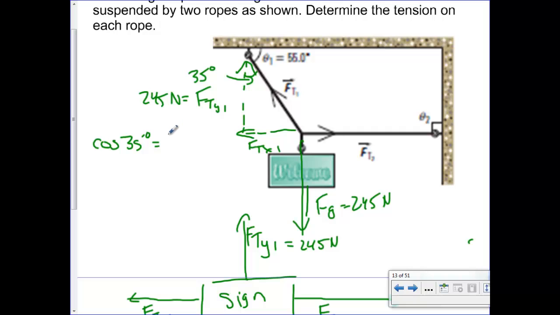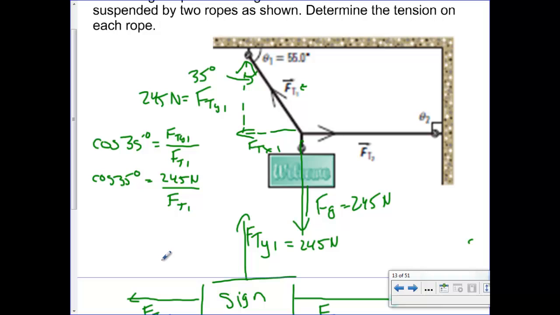The 245, yeah. Let me write this out in stages though. This will be the FTY1. And then the hypotenuse will be the actual tension we're looking for. That's this guy here. So cosine of 35 degrees will be 245 over the tension I'm looking for.